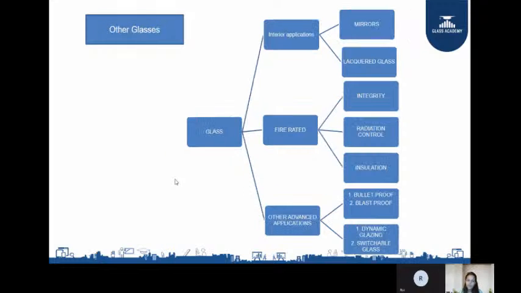Then we have the interior application. In interior application, we can have wall paneling, lift lobby, interior partition, signages, column cladding, furniture, writable surfaces. These are all applications where glass can be used, which is a lacquered glass.